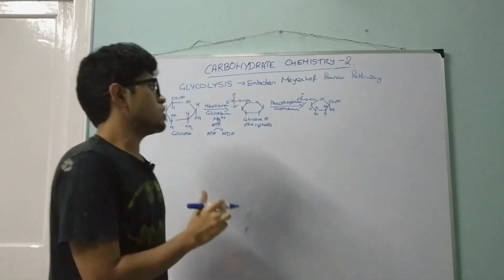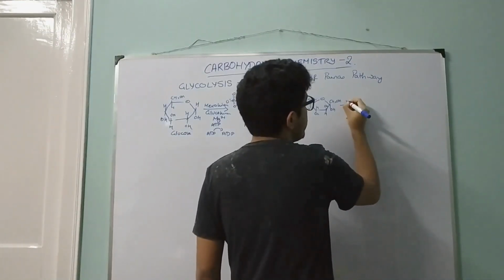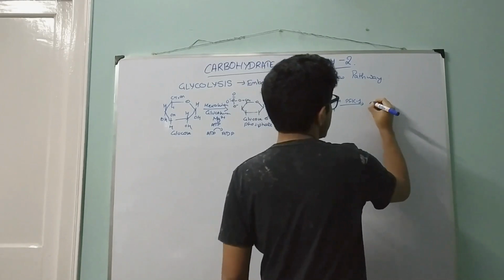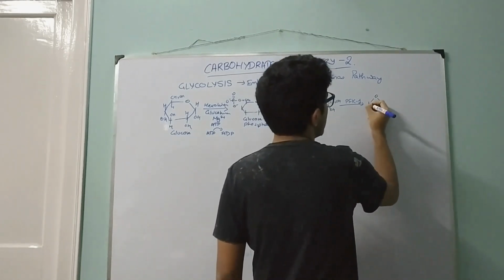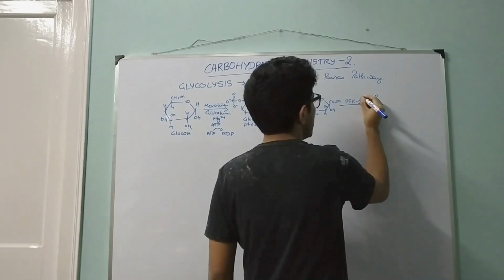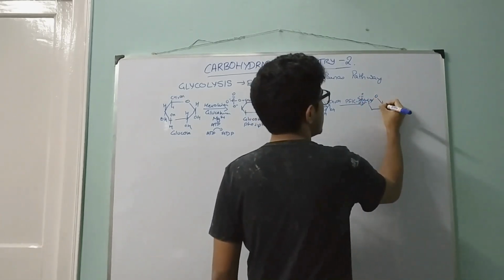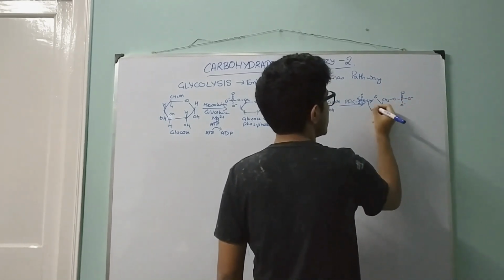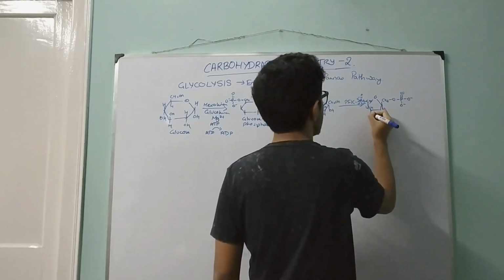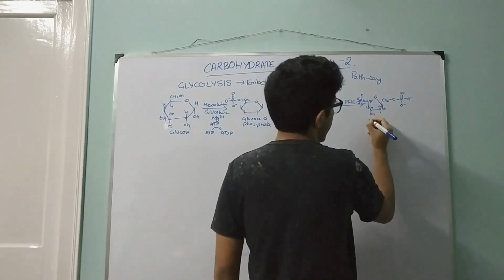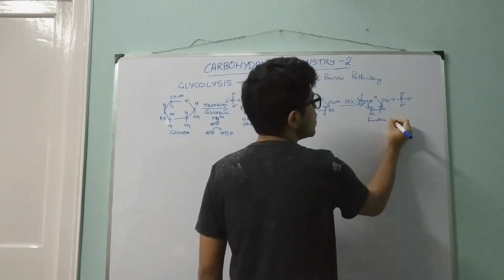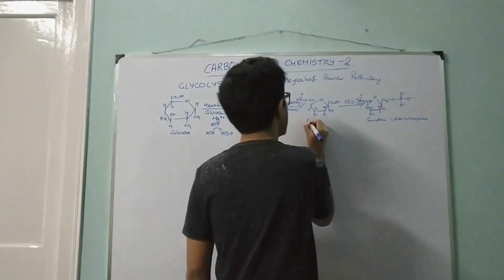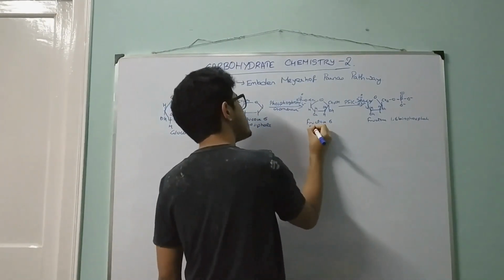When we get fructose 6-phosphate, it is acted upon by phosphofructokinase 1, which converts fructose 6-phosphate into fructose 1,6-bisphosphate.